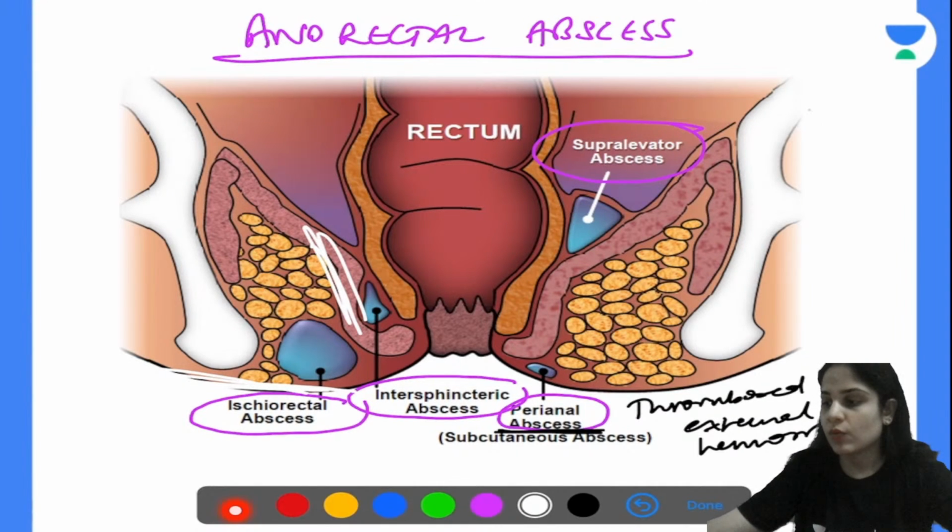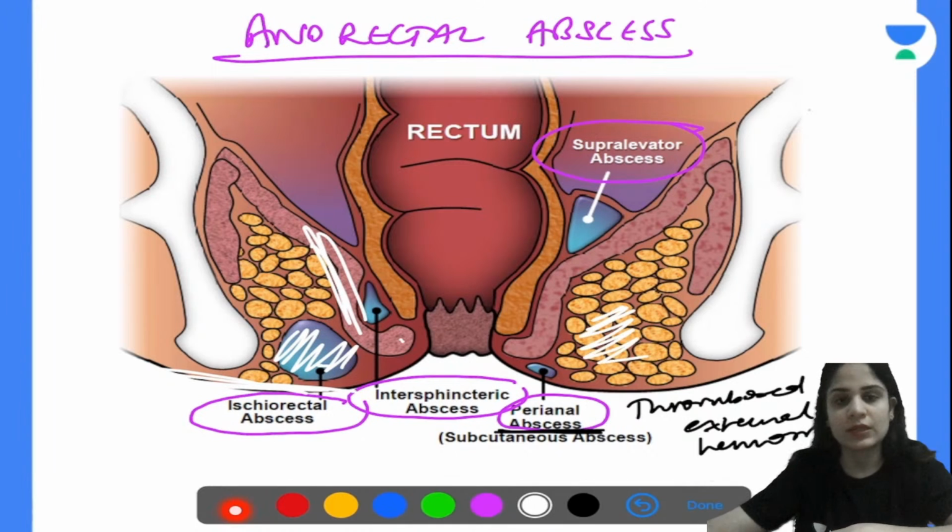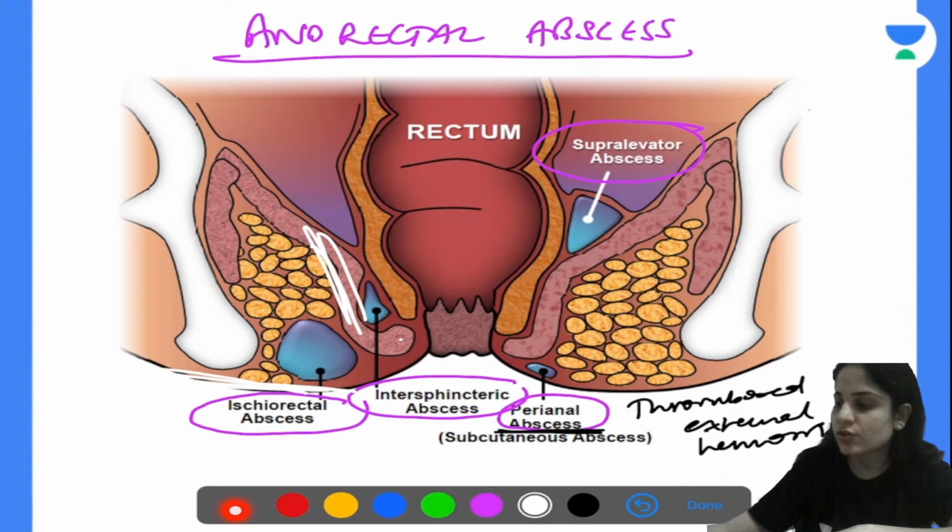Now what is important about the ischiorectal fossa? The left and the right side ischiorectal fossa communicate with each other. So, suppose there is an infection in one side of the ischiorectal fossa, it can even spread to the other side. That is the problem with ischiorectal abscess. So, often they ask about the horseshoe-like abscess.